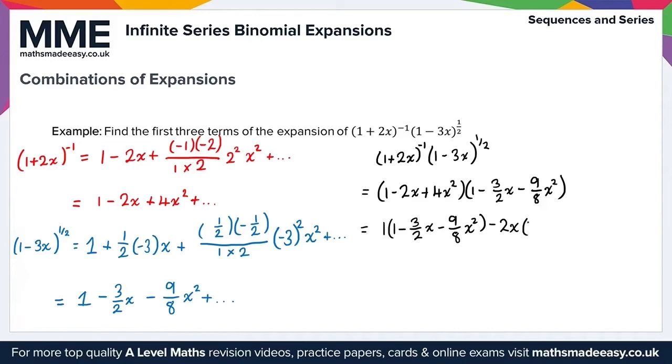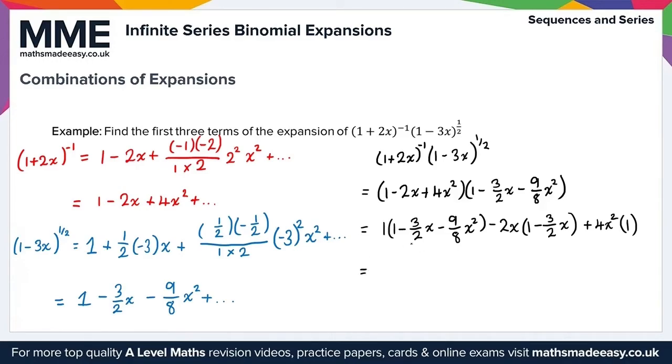Okay, 1 minus 3 over 2x. Okay, now obviously these expansions would carry on, but like we said, we're only concerned about the first three terms. And finally here, we're going to take our 4x squared, and we're going to times it by the first term, which is 1. Okay, so here now, all we need to do is simplify where appropriate.